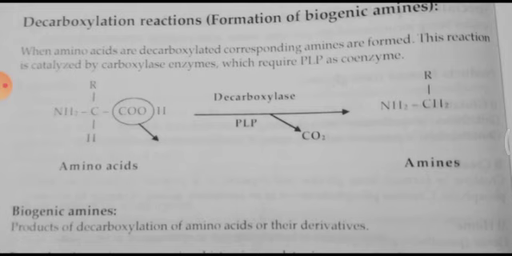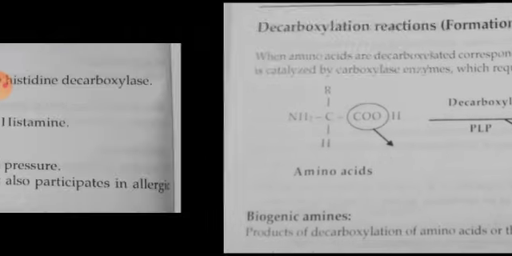By loss of CO2, you can see the comparison before and after the reaction. After the reaction, you cannot see one carbon and two oxygens. You will get an amine, only NH2 is present, NH2CH2R. Hence amines are obtained from the decarboxylation process with the help of the enzyme decarboxylase. This is our decarboxylation reaction.